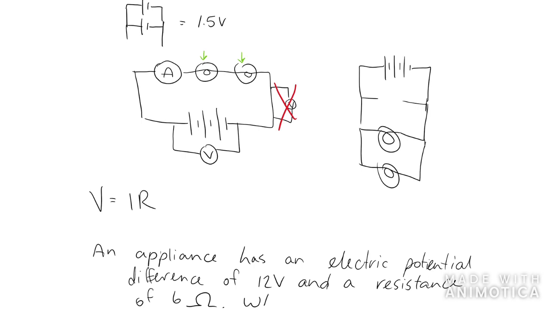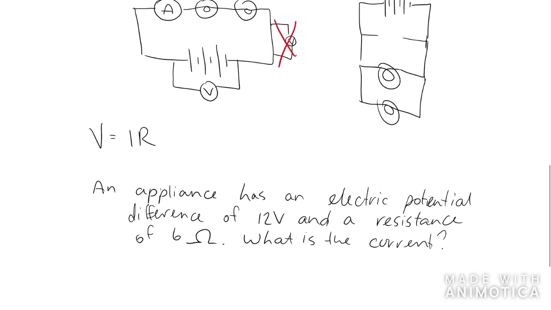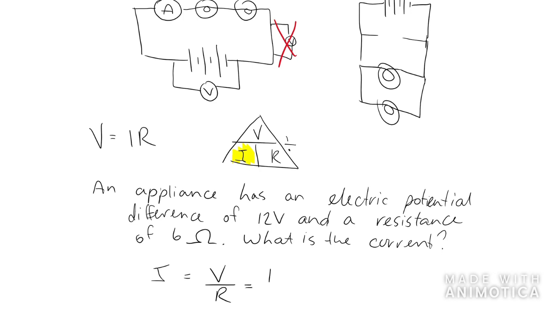What is the current? Okay, so first we have to remember what letter current is, which is our I. So if we're looking for I, that means we have to do V divided by R. Our voltage is 12 volts divided by the resistance, which is 6 ohms. 12 divided by 6 gives us 2.